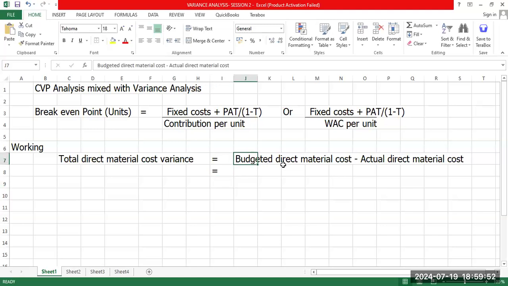But how do you get budgeted direct material cost? Of course, to get this budgeted direct material cost, we always have the formula, and we need to ask ourselves, are you given actual direct material cost? This is what we are interested in. But can you get budgeted direct material cost from this information? And it is possible.